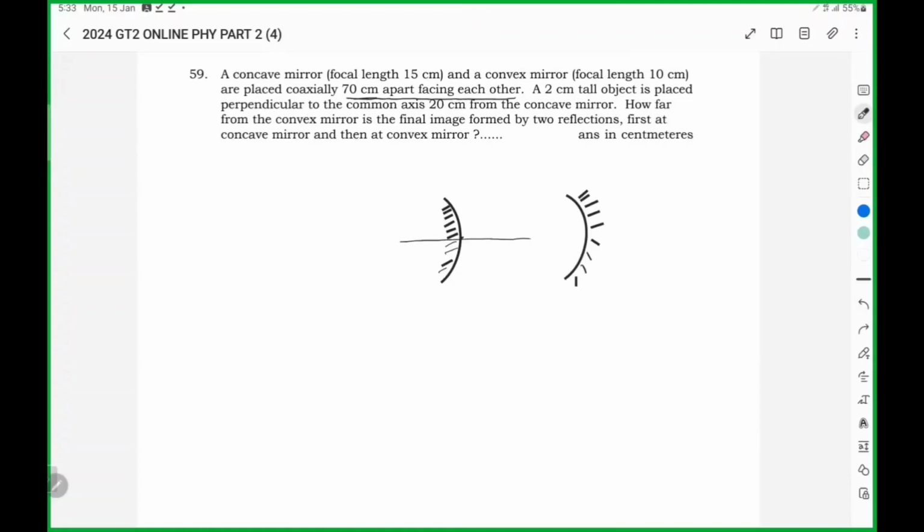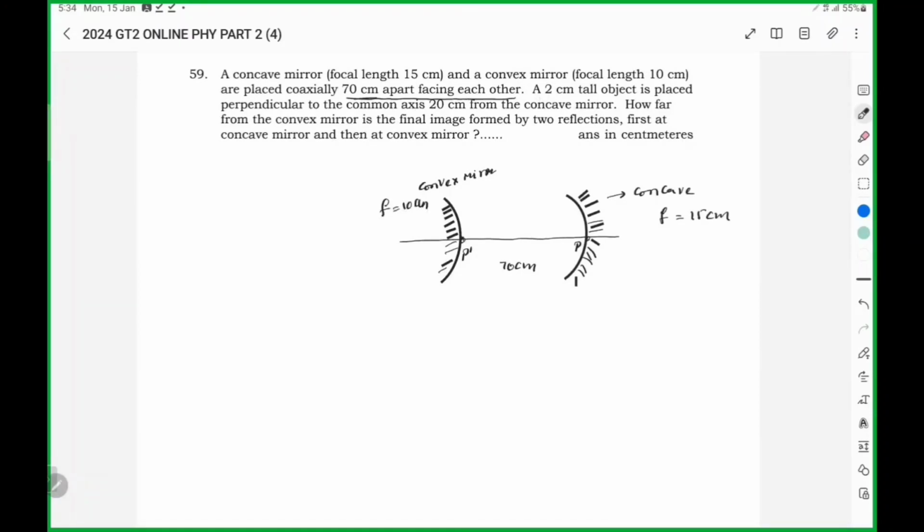The distance between the two poles P and P dash is 70 centimeters. This one is the concave mirror, this is the convex mirror. Its focal length is 15 centimeters, and its focal length is 10 centimeters.